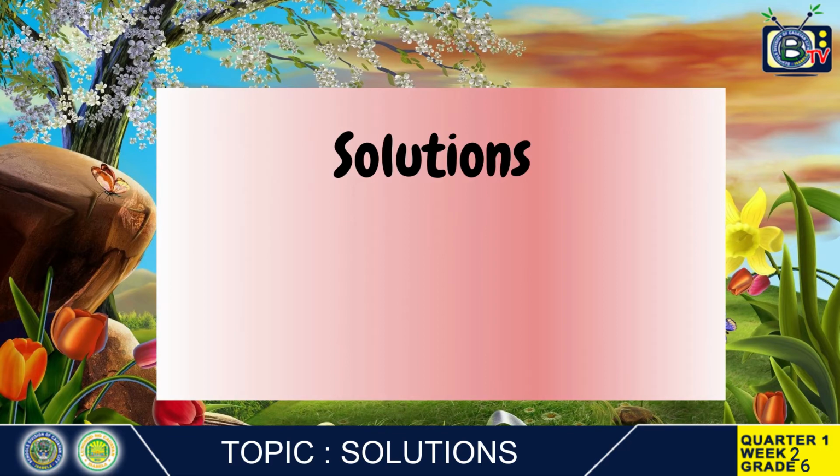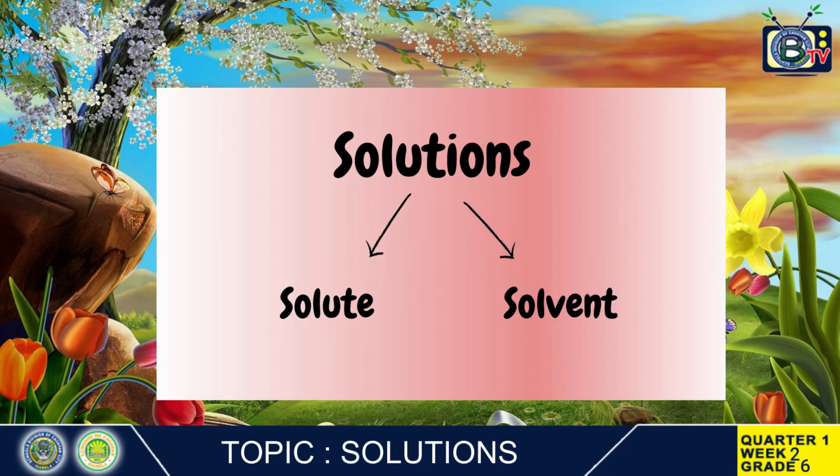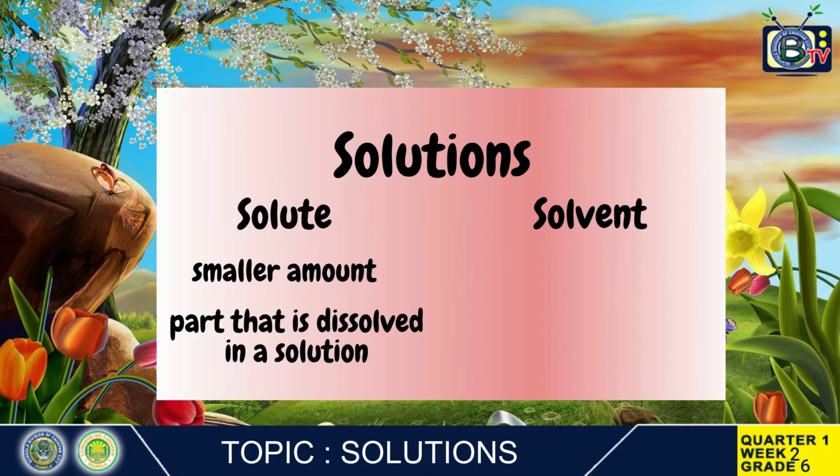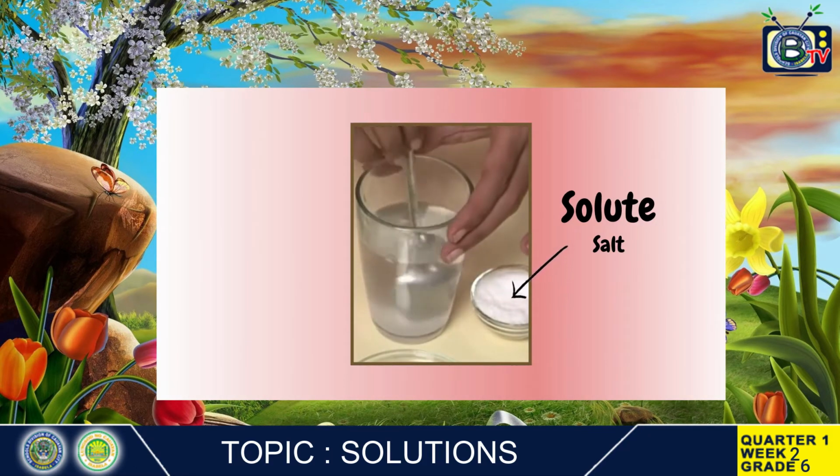A solution contains two main parts, a solute and a solvent. A solute is the substance that is present in a smaller amount. This is also the part that is dissolved in a solution. In our example, salt water, the solute is the salt.